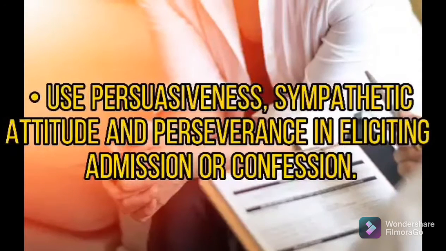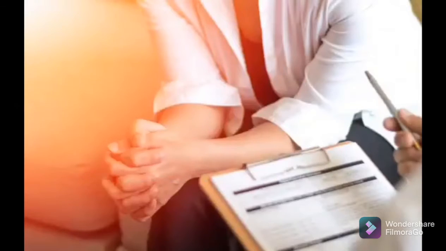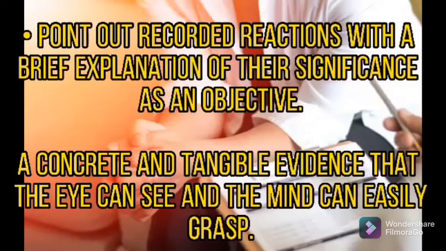Use persuasiveness, sympathetic attitude, and perseverance in eliciting admission or confession. Point out recorded reactions with a brief explanation of their significance as an objective, concrete, and tangible evidence that the eye can see and the mind can easily grasp. The subject, when innocent, is cordially released and will be thanked for his sound consideration and cooperation in undergoing the procedure.